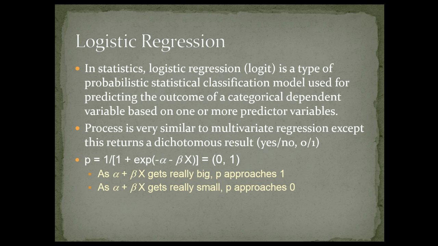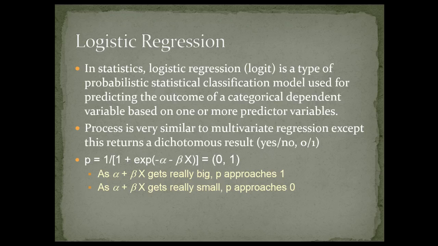The following formula is used to determine what number will be classified as 0 or 1 by using betas or coefficients. The larger the number the model predicts in alpha plus beta x, the closer it approaches 1.